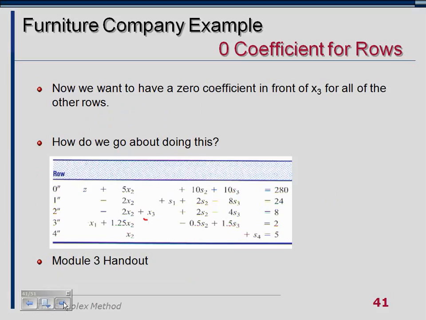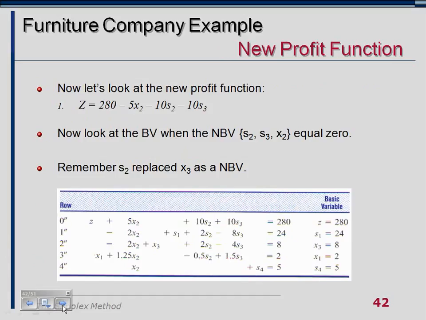So, what are our new non-basic variables? Our new non-basic variables are now S2, S3, and X2, right? Because I swapped these out with my decision variables. So every time we see an S2 or S3, let's turn it into a 0.